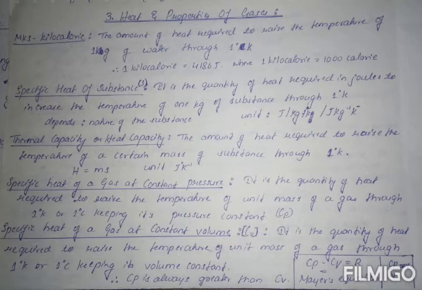Then specific heat of a gas at a constant volume means the quantity of heat required to raise the temperature of unit mass of a gas through 1 degree Kelvin or 1 degree Celsius, keeping its volume constant.